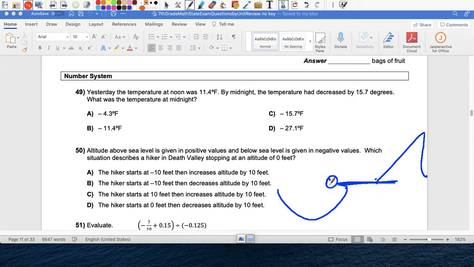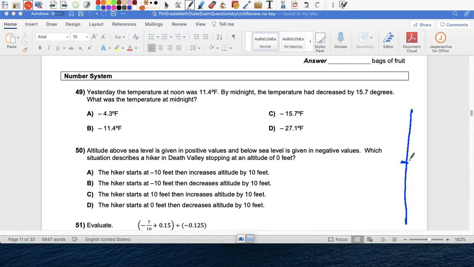So he's at 0, meaning 0 altitude. You know what? I don't know why I drew that. So let me draw something like this. This is 0. He starts at negative 10, okay. Then increases his altitude by 10. That will take him to 0.